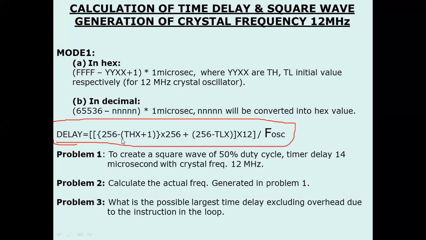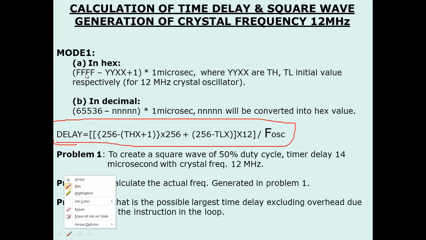Here, x is: if you take timer 0, then it will be TH0 and TL0, and if you take timer 1, then it will be TH1 and TL1. Now, firstly, in this mode 1, remember this is the formula for mode 1.